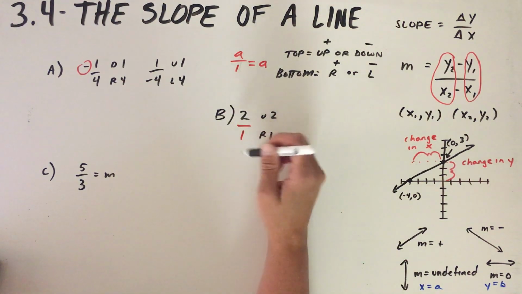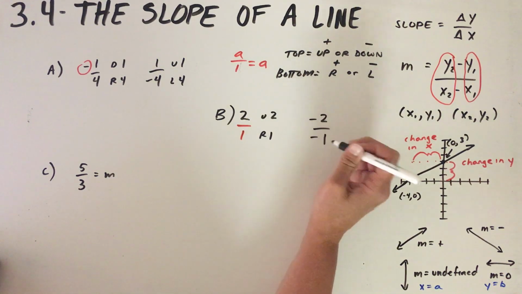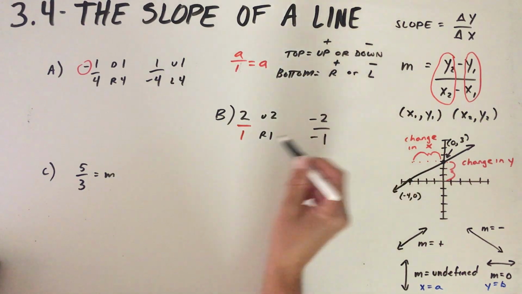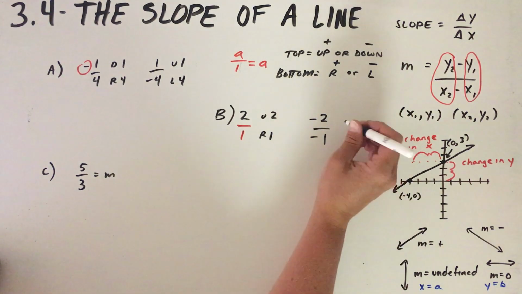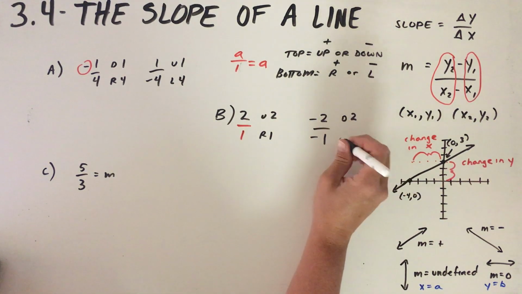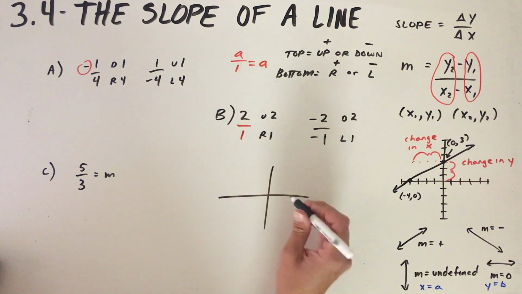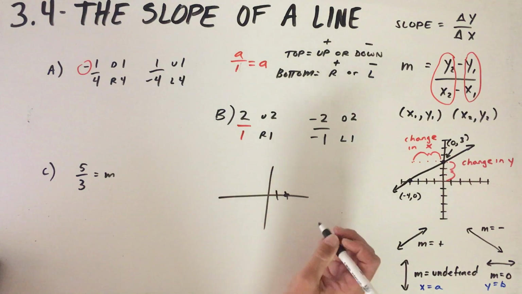The other way that this could be positive is if these were both negative. If these were both negative, then that makes this number positive. But again, this means that I'm going down 2 and left 1. So I want to show you again, say like I was starting at this point right here.